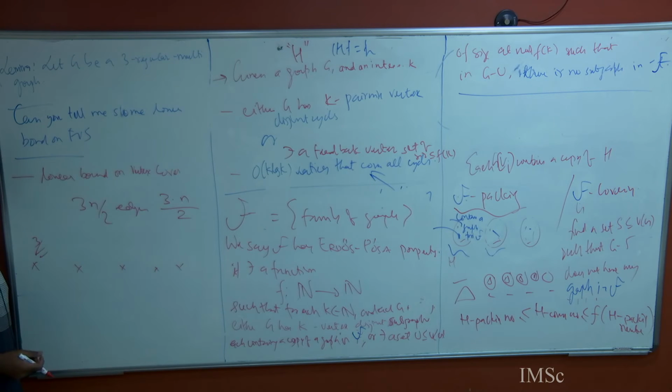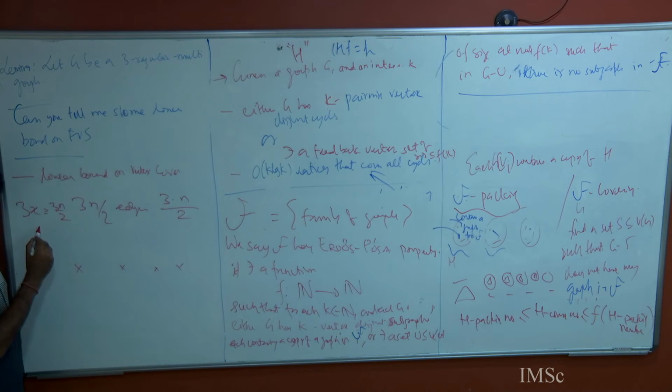Okay. Each person can only eat 3 edges. Imagine everybody comes and can only take 3 objects from here. How many persons do I need so that it becomes empty? Tell me. 3x should be at least 3n by 2.